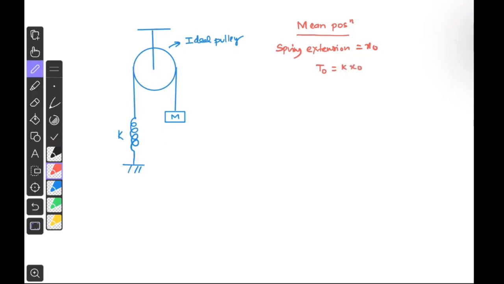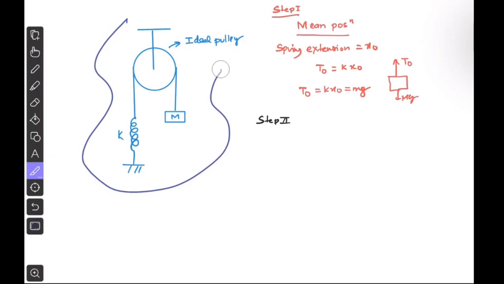If I draw the free body diagram of the block, tension acts upward and mg acts down. So T0, which is kx0, must be equal to mg. That is step 1 basically. Next, we displace the block through some amount, suppose in the down direction from the mean position.